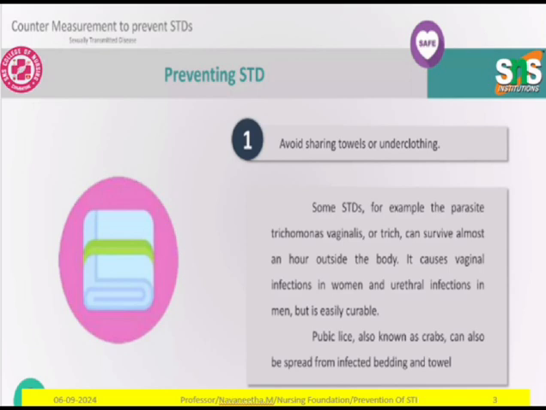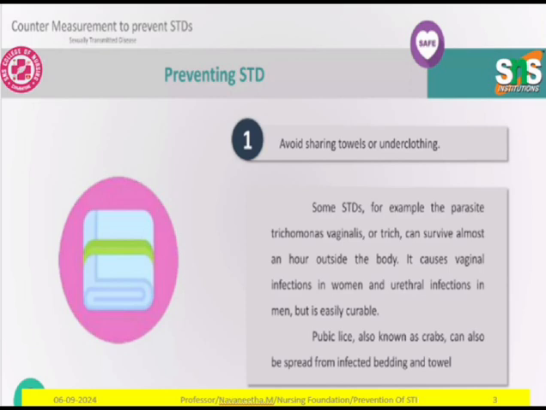The first prevention is avoiding sharing towels or underclothing. Some STDs, for example the parasite Trichomonas vaginalis, can survive almost an hour outside the body. It causes vaginal infections in women and urethral infection in men, but is easily curable if detected early.